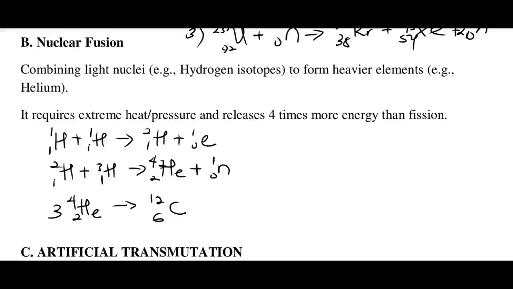This, all right, plus. So 3 helium can fuse to form carbon-12. 3 helium-4 nuclei can fuse together to form carbon-12, just like we are seeing here.